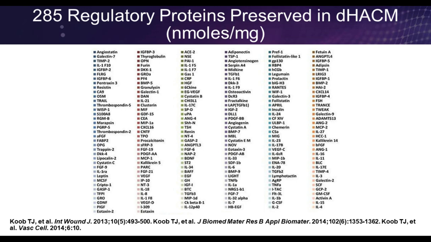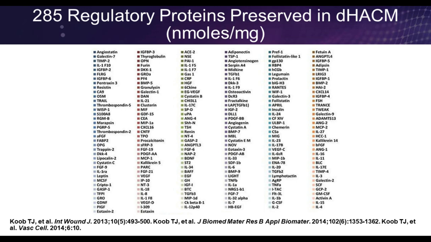You'll see that abbreviation used multiple times. Now, the point of this is that there isn't just one regulatory protein or two or three. There are multiple regulatory proteins, and these can influence all of the major activities within a healing wound, including chemotaxis, inflammation, migration of cells, proliferation, angiogenesis, etc. So there's a huge range of activities that are influenced by the protein components in the amnion chorion.